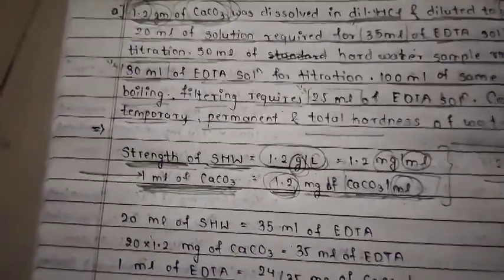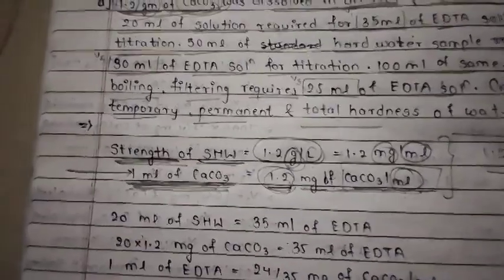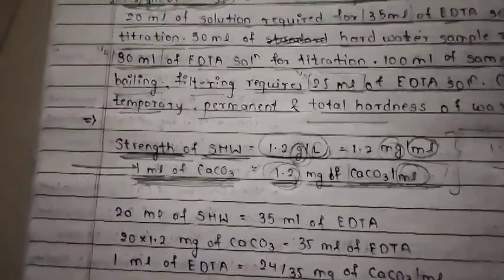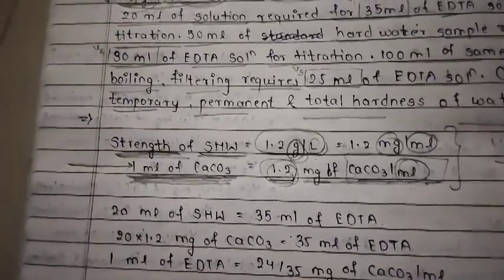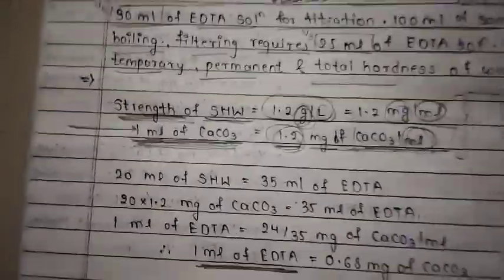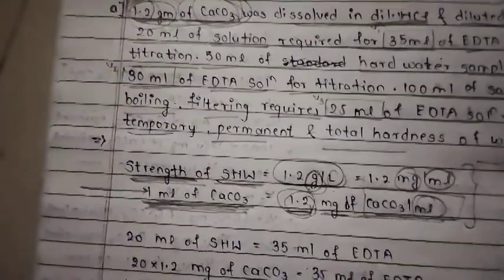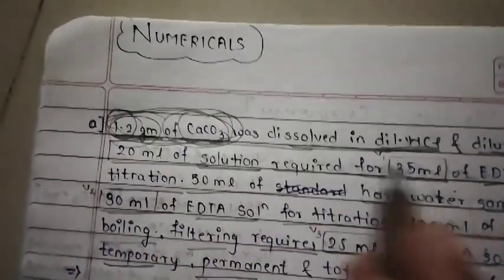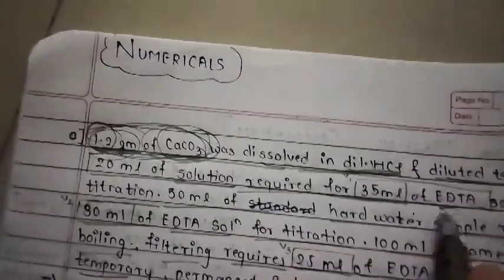So proceeding further, now we will calculate our step 2, that is we have to find the 1 ml of EDTA. So how will we find 1 ml of EDTA? After reading the further question, it is given that 20 ml of the solution required 35 ml of EDTA.